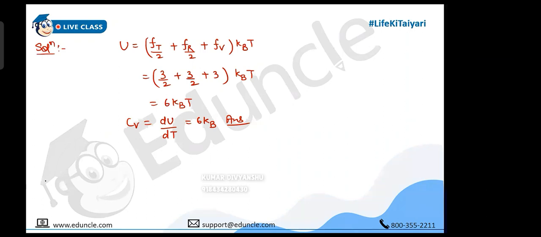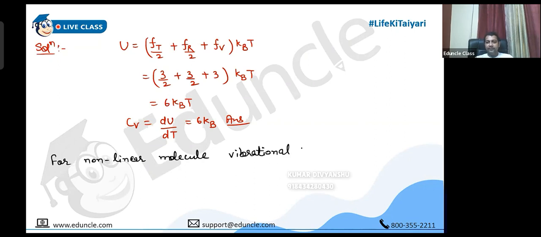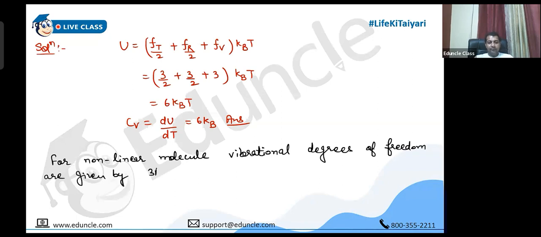For a non-linear molecule, vibrational degrees of freedom are given by 3n minus 6. In this case, n is 3. Therefore, F vibrational is 3. This is how I got 3 degrees of freedom. For a linear molecule, it is 3n minus 5.